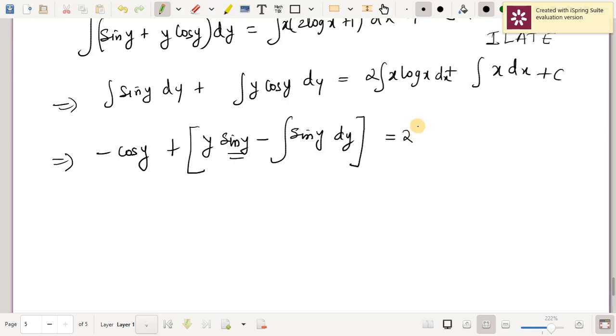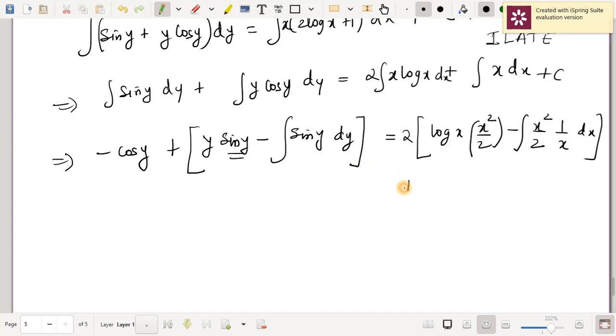So 2 into log x into the integral of x, that is x square by 2. I'll put this purposely in brackets as I have to use this term: x square by 2, integral of x by 2 into log x, that is 1 by x dx, plus you have one more term, x square by 2 plus c.